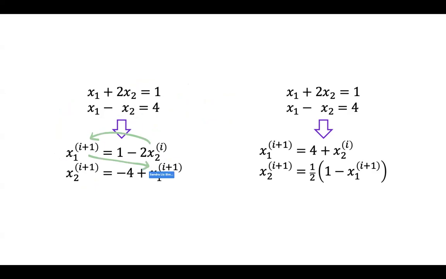And from here, you will get this value. And this value, you again put it here. It is like a cycle. So you start with an initial guess of x2, you get a new value of x1. From the new value of x1, you substitute it here, you get a new value of x2. Again, put the x2 value here, and this goes as a cycle.